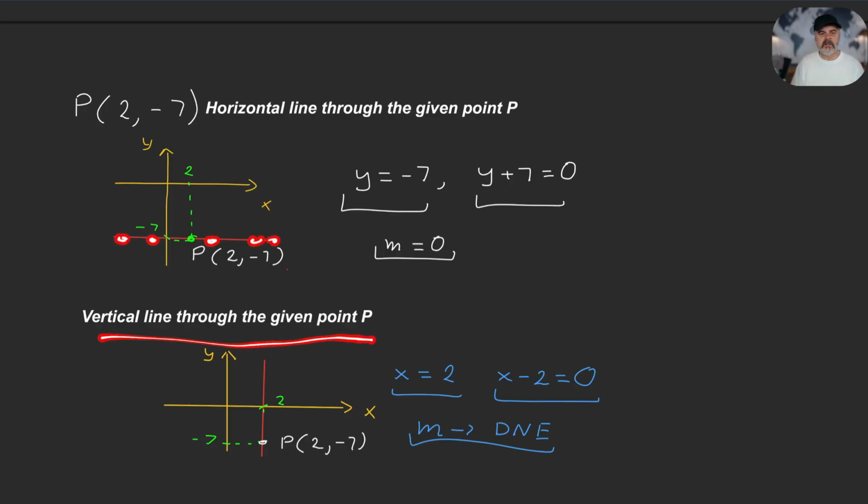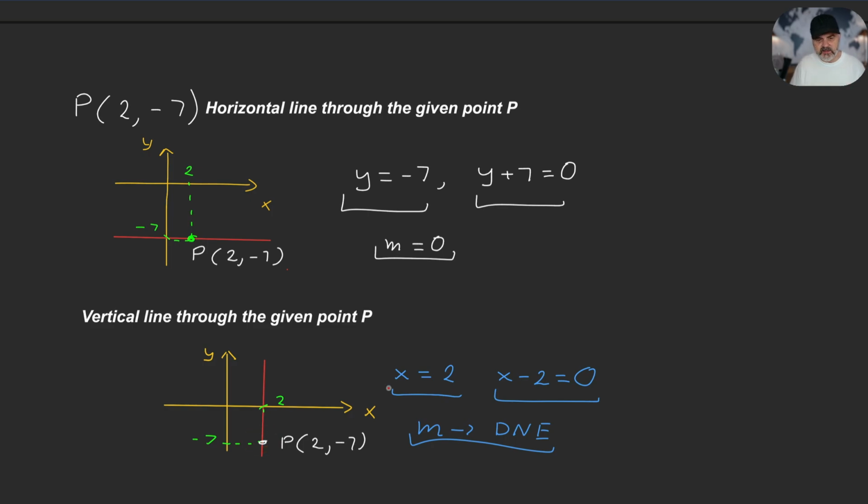Vertical line using the same point, so you flip the concept. X is fixed, so x is 2, and y can be any other number. So 2 and negative 7 is given so that you can anchor the location of this vertical line. It is not a function.